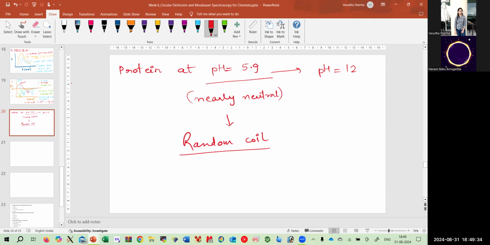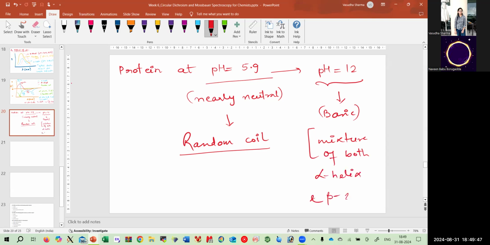When it goes to pH 12, it becomes basic in nature, and we sometimes get a mixture of both alpha helix and beta sheet. But it can be easily seen how, with different pH, we are able to identify the structure.